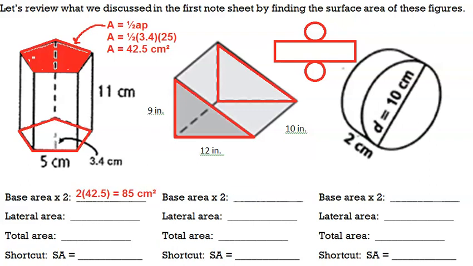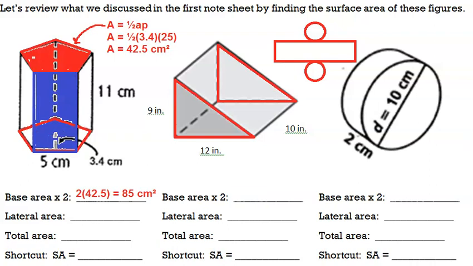All right, now you go to the lateral area. That would be the sides. Lateral is just all of those sides that are wrapping around. In this case, the lateral area, it looks to me like what I have here are 5 by 11 rectangles. That's really all I see here. So you've got 1 and then 2, 3, 4, 5.